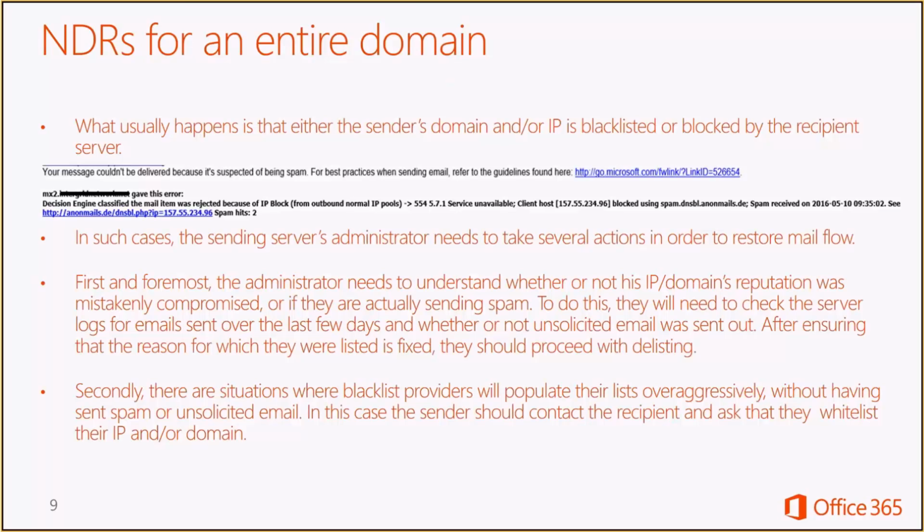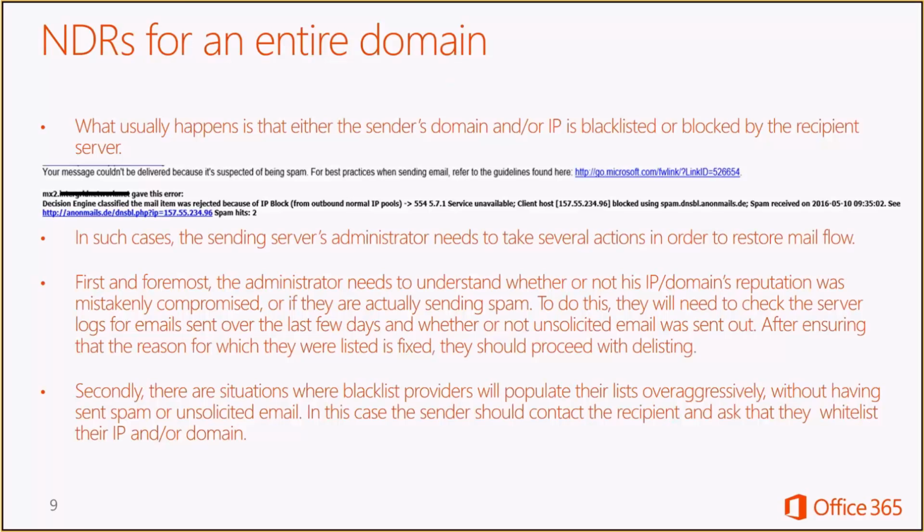Once we've identified the problem users, we need to make sure that they no longer send unsolicited emails. To do this, we'll need to, first of all, reset the credentials for their accounts, and then make sure that all the computers that they have access to are scanned for malware.